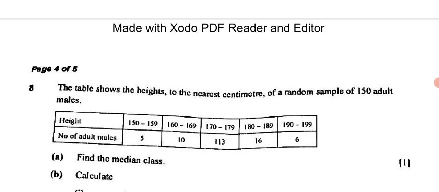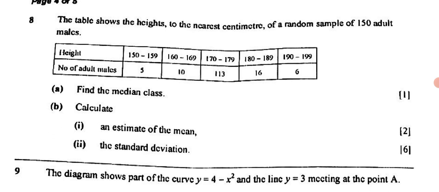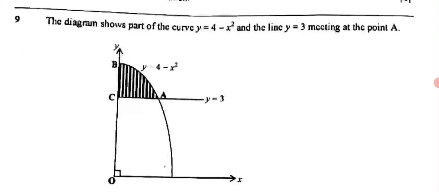And then B, they want you to calculate the estimate of the mean. Then B2, they want you to calculate the standard deviation. So the estimate of the mean, we'll see it on the table method. But first of all, let's go to 8A, which is find the median class.